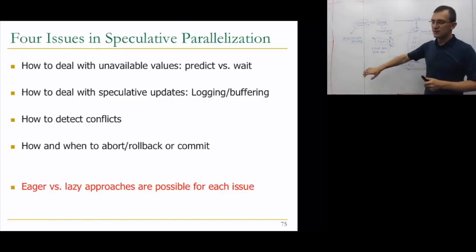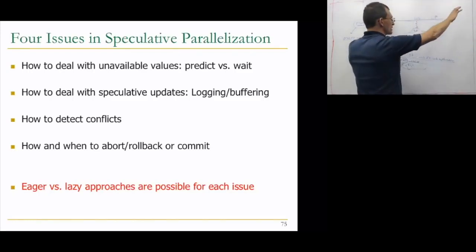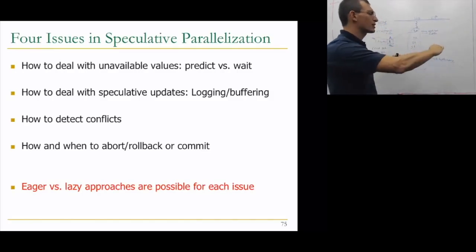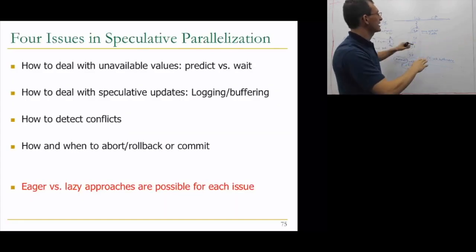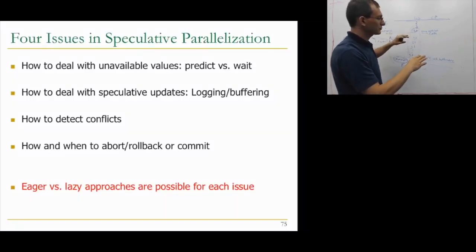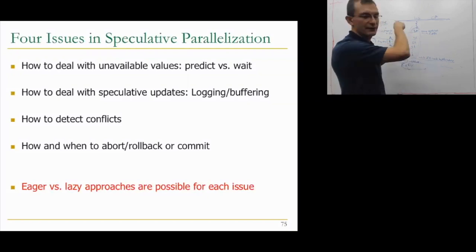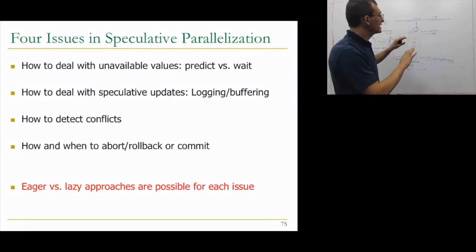Actually, in speculative lock elision this doesn't happen because the program is already parallelized. You're not trying to partition the program at a point where some value is not available. The value is already available, you're trying to elide the lock.